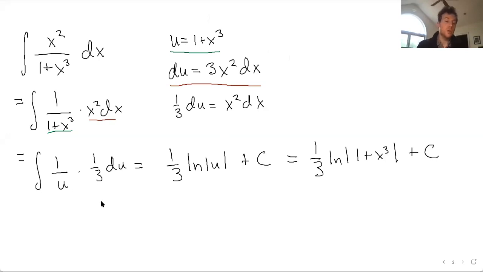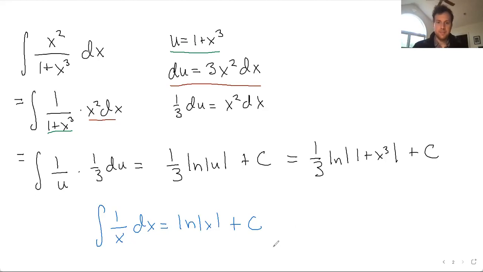I think the u is just the letter we're using. The integral rule you typically see would be the integral of 1 over x is the natural log of the absolute value of x plus c. x is just the usual letter that gets used, and in the textbook this is how it would be written. If you change the letter, that doesn't affect anything.